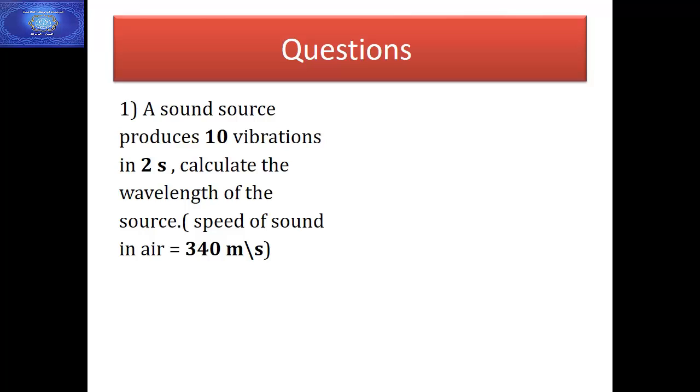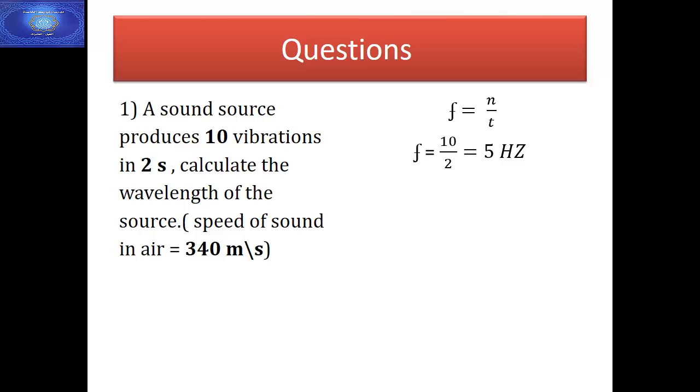To calculate wavelength, we will use the wave equation because the givens are speed, time, and number of waves. From time and number of waves we can calculate the frequency. After that we will calculate wavelength. Frequency is calculated by number of vibrations divided by time. So frequency equals 10 divided by 2 equals 5 Hz.